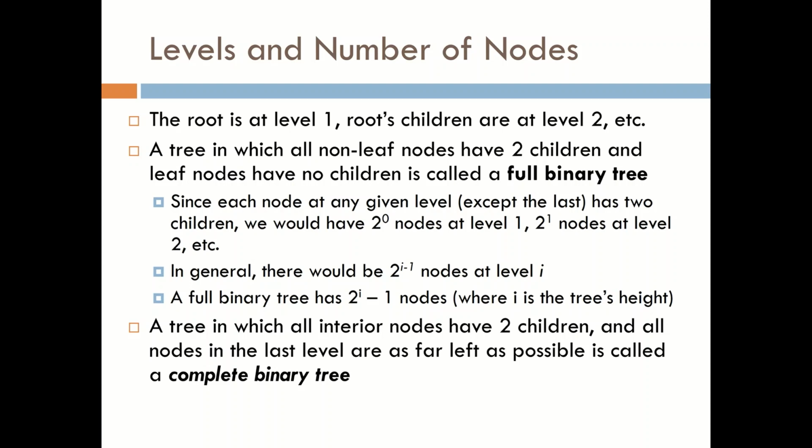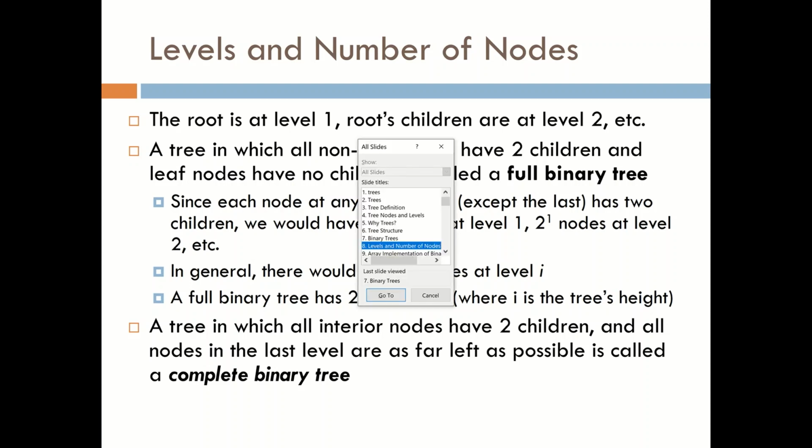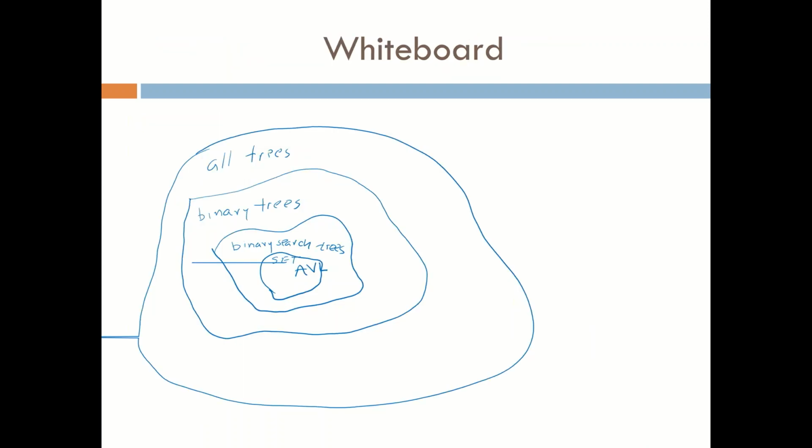Let's see if we can go back and just refresh that. Okay, so if I wanted to draw something like this, this is a full binary tree. You notice that every node has two children, except for the leaf nodes.